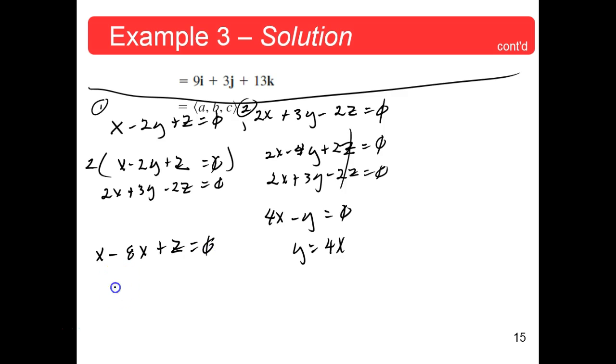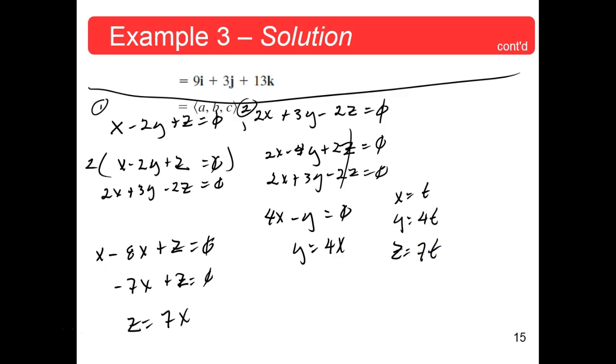That gives us negative 7x plus z is equal to 0, so z is equal to 7x. So let x equal t, y is equal to 4t, and z is equal to 7t.